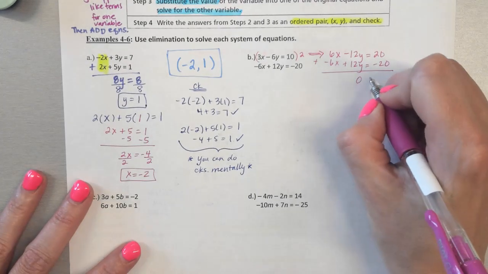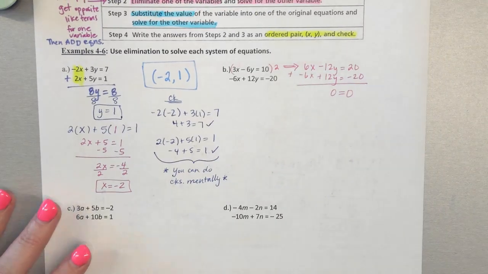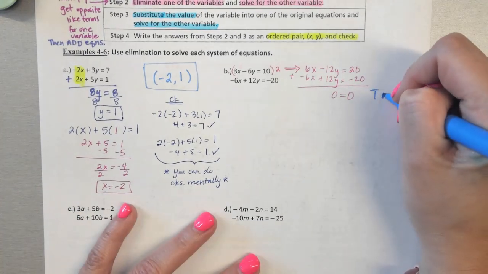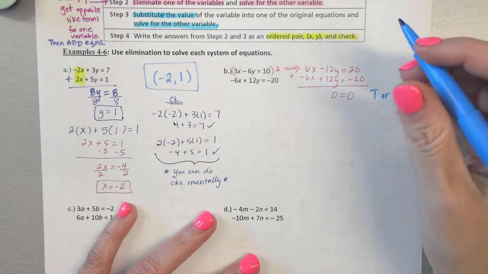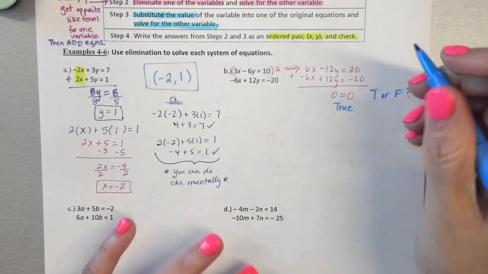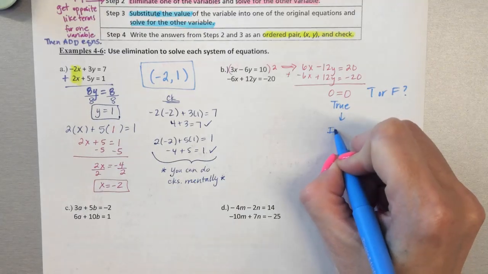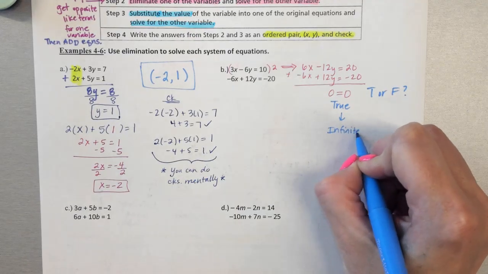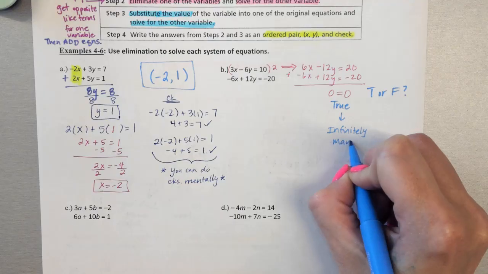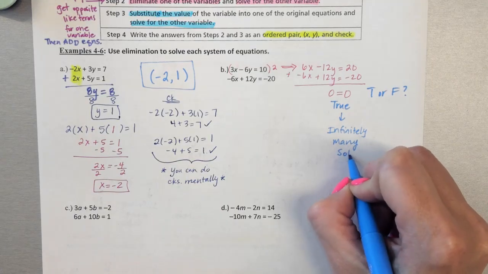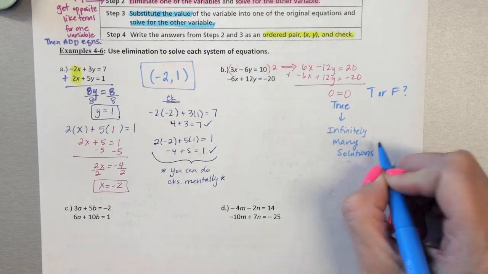That cancels out too. So this is another situation where you ask yourself, true or false? And it is true. Okay, so if it's true, what are we going to write? Yeah, infinitely many. Great, infinitely many solutions. If it was false, then we would write no solution.